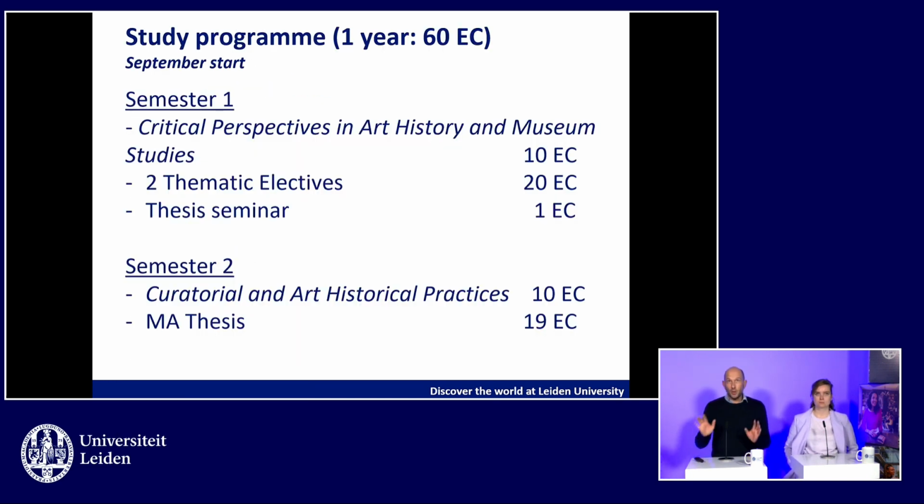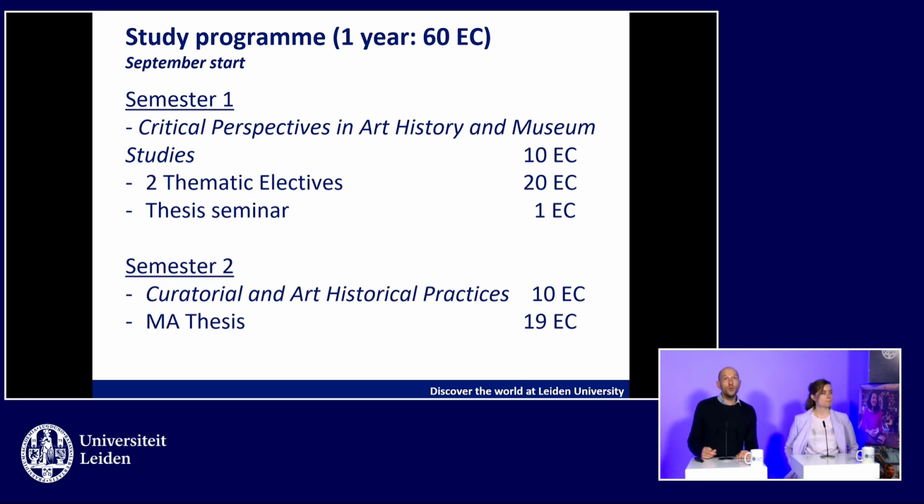You can start two times in our program. You can start in September. Most of the people start in September, but you can also start in February. If you start in September, you first have what we call core course 1, the critical perspectives in art history and museum studies.